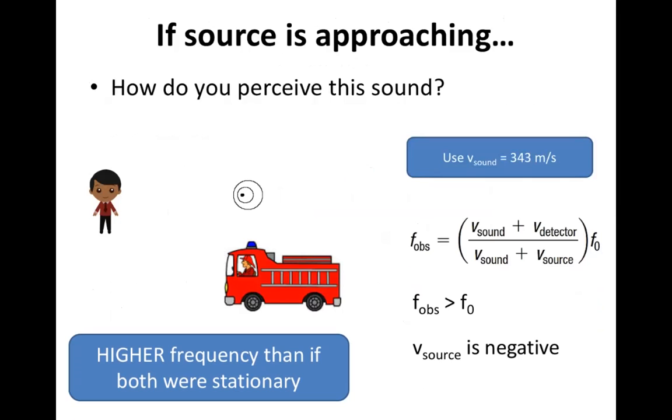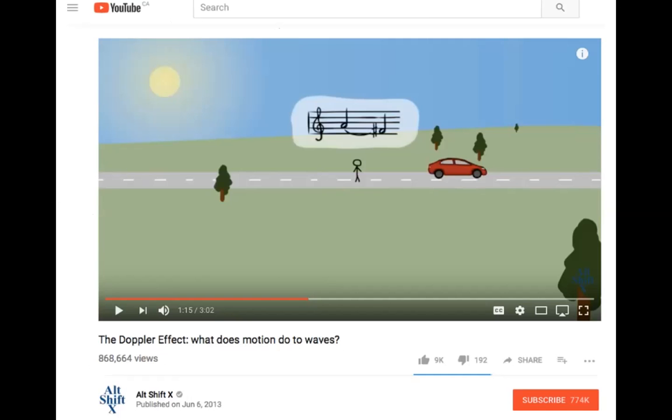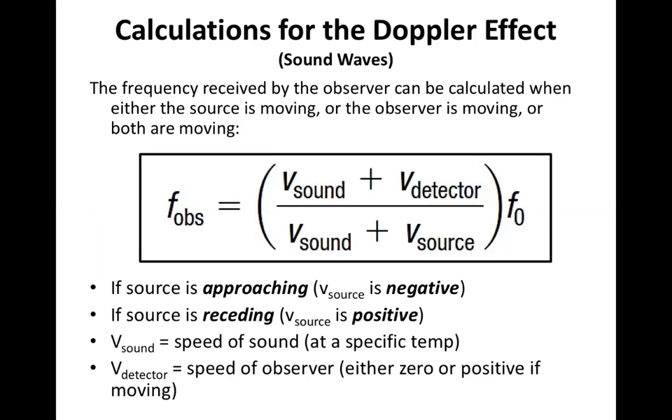And really what's happening is, oh, I think I forgot to say the original frequency. Okay. So you've got the observed frequency equals some ratio or fraction times the original frequency. This ratio here can be equal to 1, where the observed frequency is equal to the original frequency.